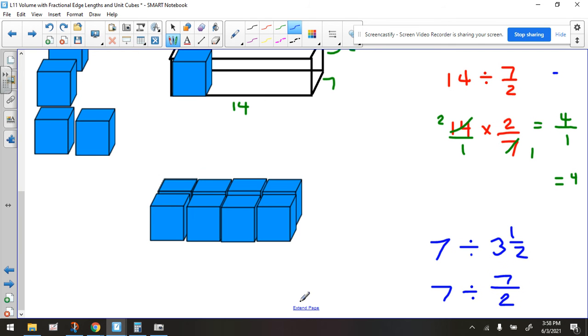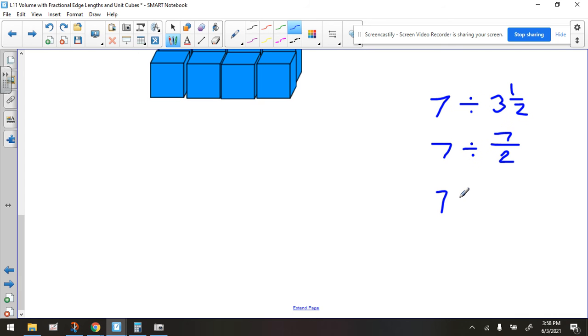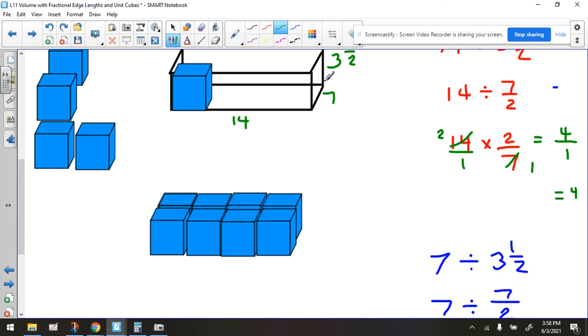That's the same thing as 7 times the reciprocal, which would be 2/7. And same thing, we have that lovely opportunity here to pre-reduce, I call that. So we can divide by 7 and get 1, divide by 7 and get 1. 1 times 2 is 2, 1 times 1 is 1, and 2 divided by 1 is 2. So we can fit 2 going this way.